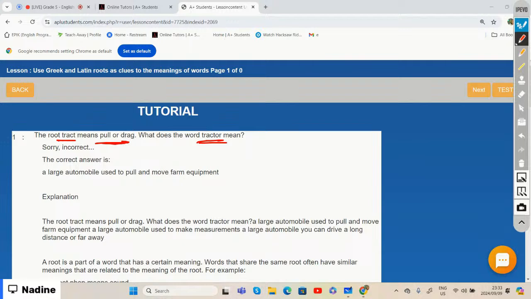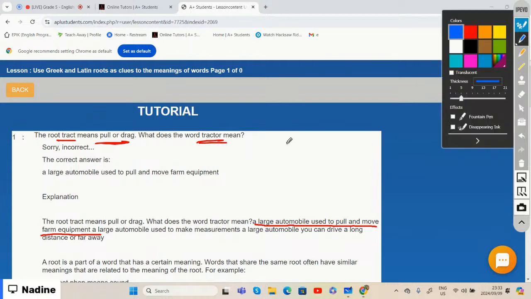Is tractor a large automobile used to pull and move farm equipment? Or is tractor a large automobile used to make measurements? Or is tractor a large automobile you can drive a long distance or far away? What is the meaning of tractor?